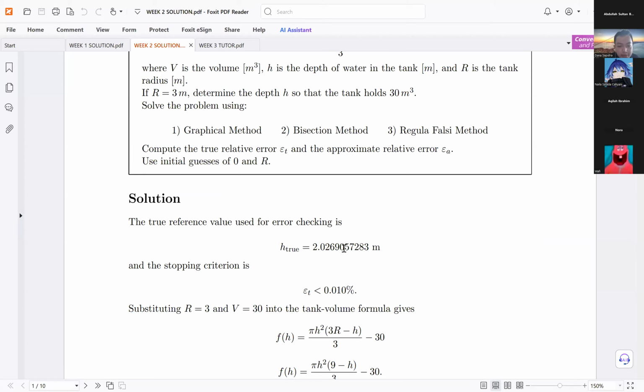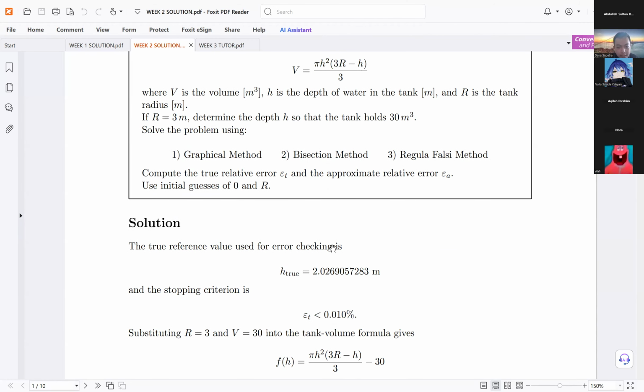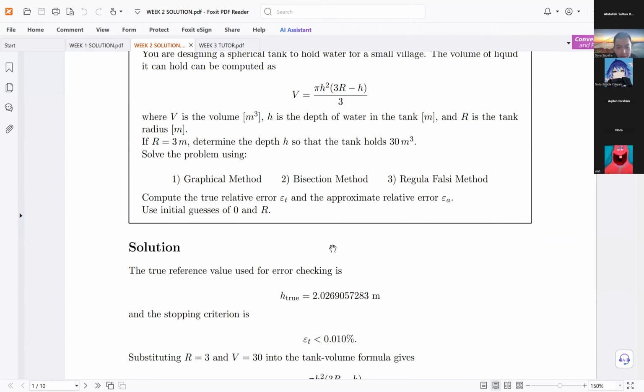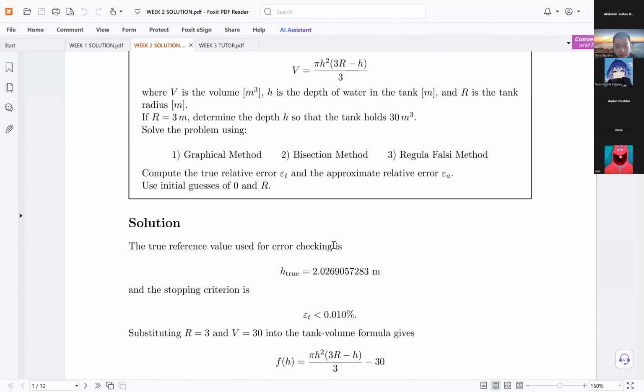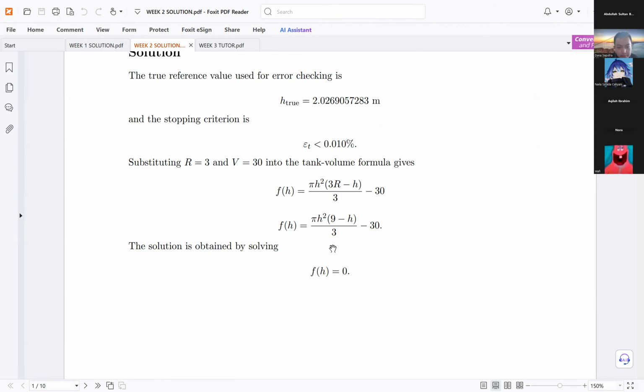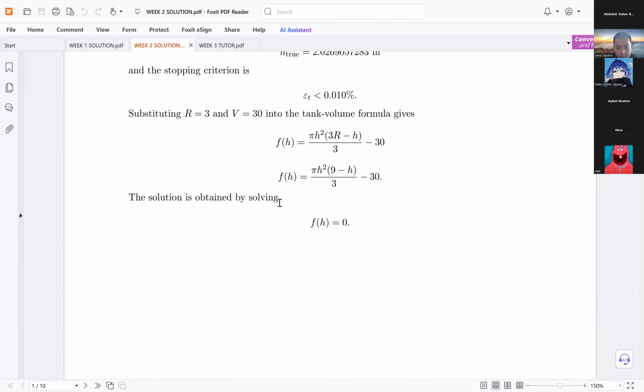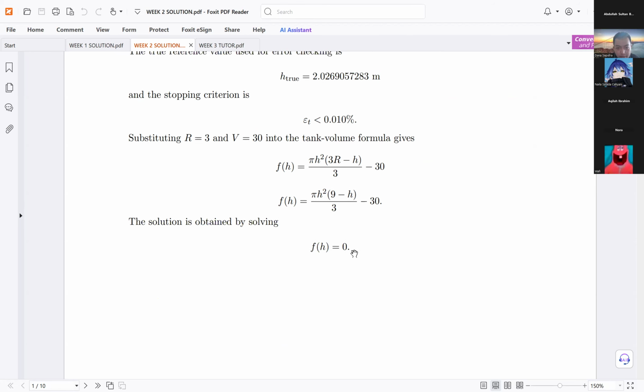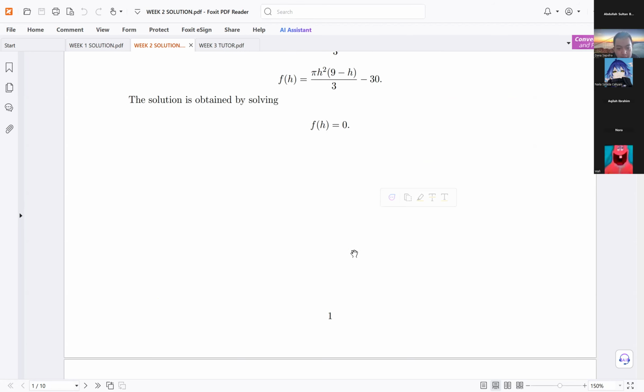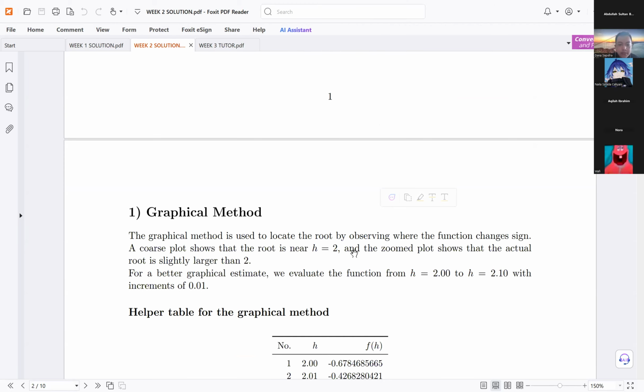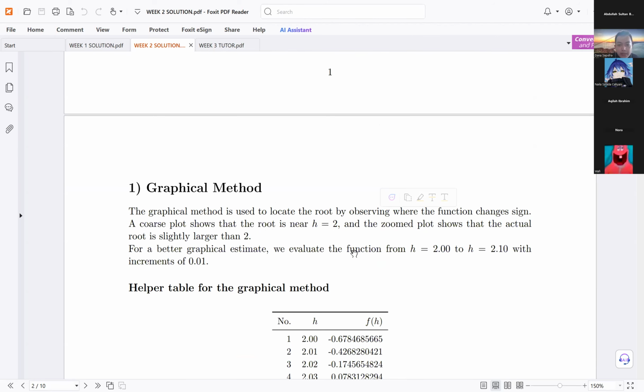By substituting R is 3 and V is 30 into the tank volume formula, it gives this formula.